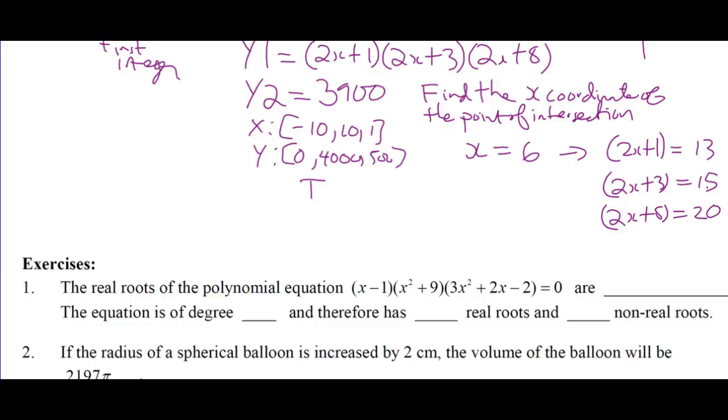And on your calculator, you now want to go 13 times 15 times 20, and you should get 3,900. So the integers are 13, 15, and 20.